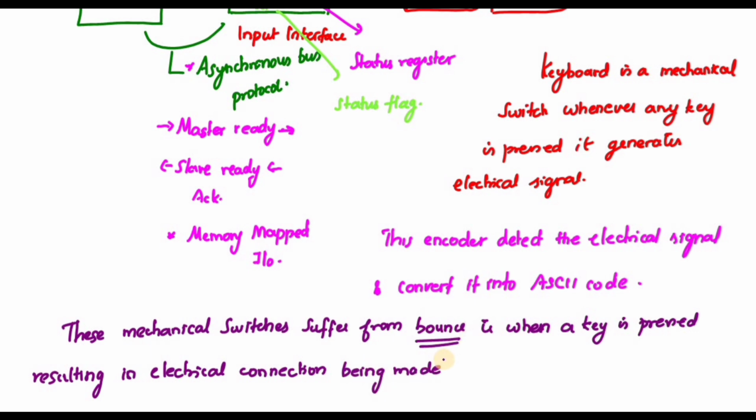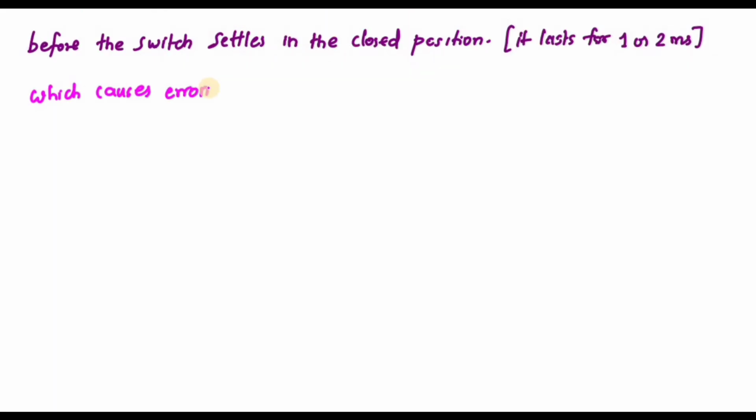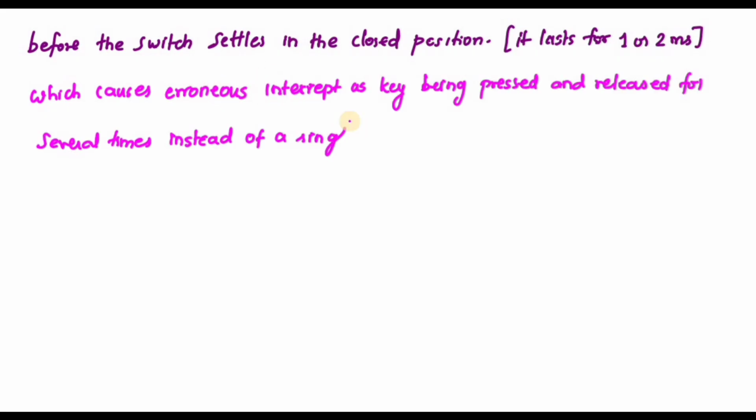When it is pressed, the electrical connection is made, then broken several times before the switch settles in the pressed position. This lasts for 1 or 2 milliseconds, which will cause erroneous interrupts as a key is being pressed and released several times instead of a single press. So if I press only one time, due to the problem of bouncing, it will be considered as the key being pressed multiple times.